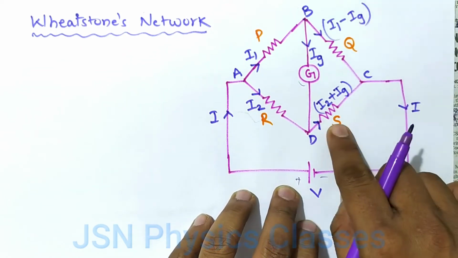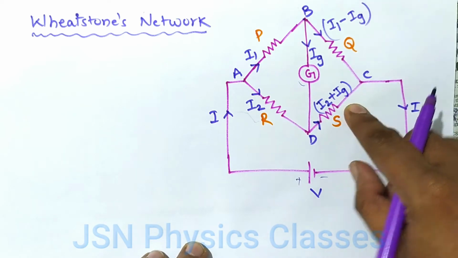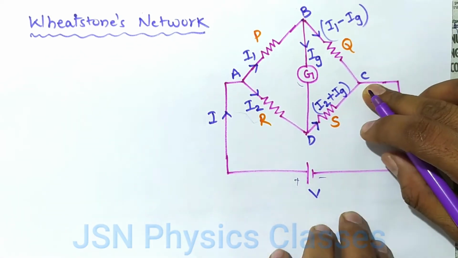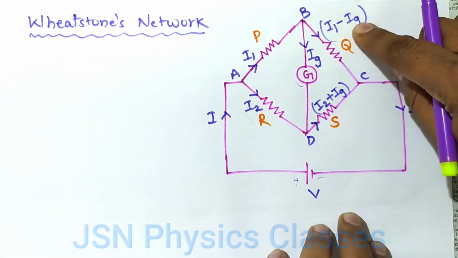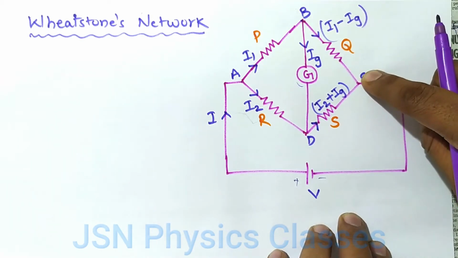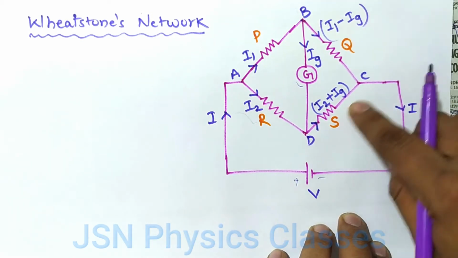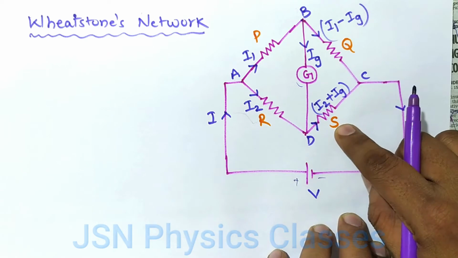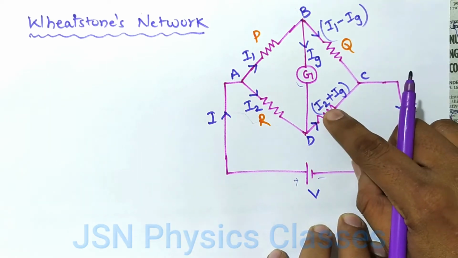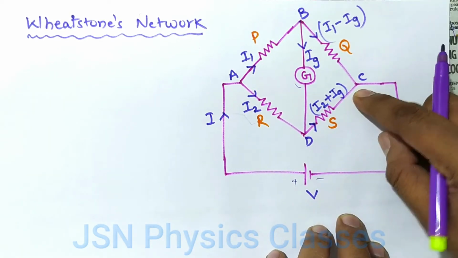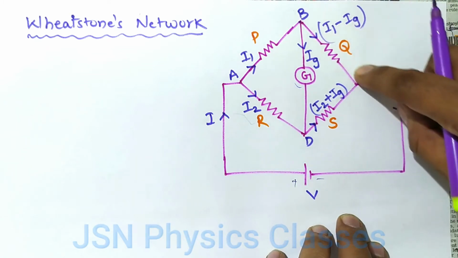Yes, see here at junction C, I1 minus Ig current is passing through resistor Q, and I2 plus Ig current is passing through resistor S.